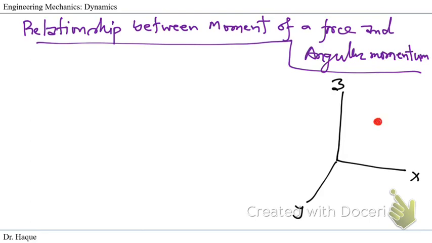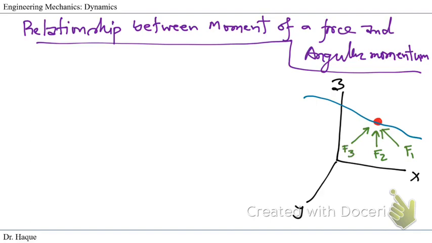For example, it has a path moving in this direction. Currently the particle is here, the red point. Let's also assume that there are different forces acting on the body, could be F1, F2, F3.